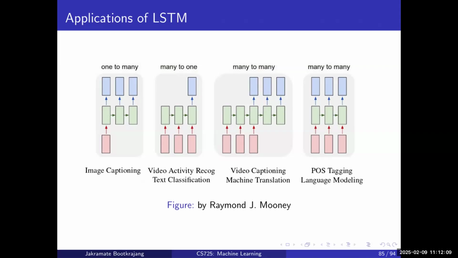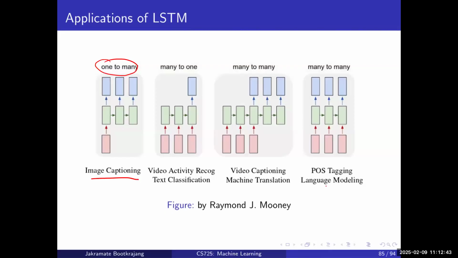So once we have the LSTM, we can start putting them together. And depending on your application, the way that you put them together will be different. For example, you can have one to many. Basically, one LSTM will be sending signal into multiple LSTMs. This is common in image captioning.